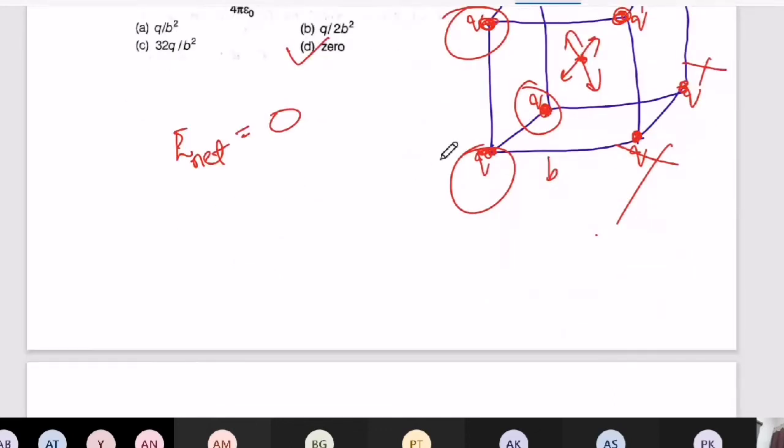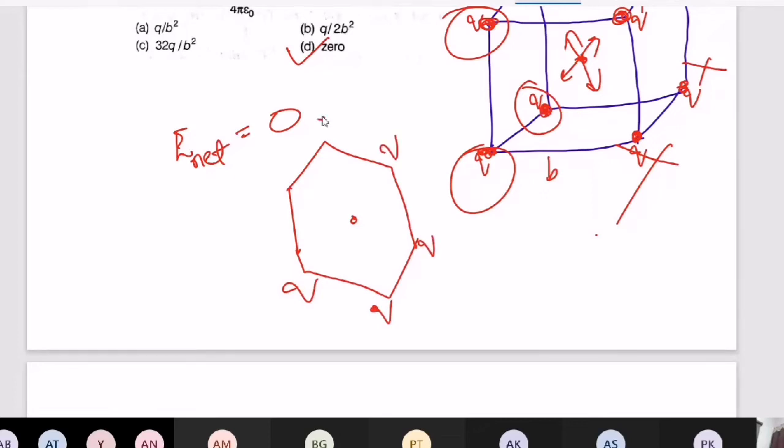Even in the same case, suppose you take a hexagon, one more example I am telling. At the center, with charges Q, Q, Q, Q, Q, Q. Now this field and this field are equal and opposite. This field and this field are equal and opposite. This field and this field are equal and opposite. So what will the resultant field be? 0.